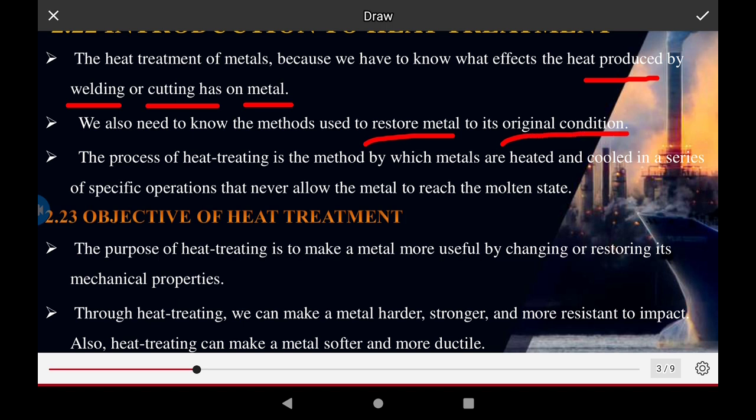The process of heat treating is the method by which metals are heated and cooled in a series of specific operations, never allowing the metal to reach the molten state.